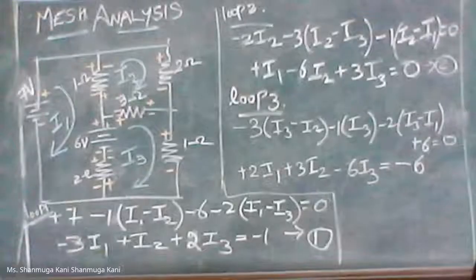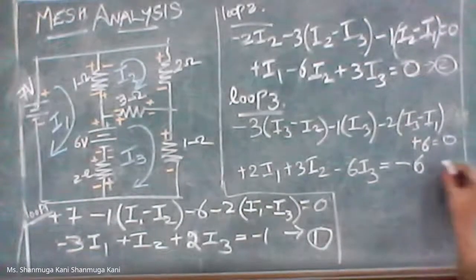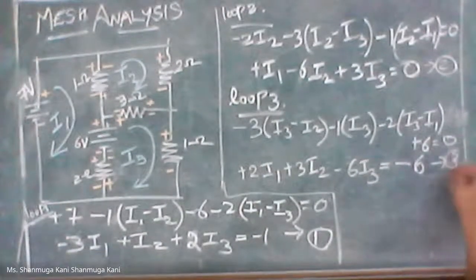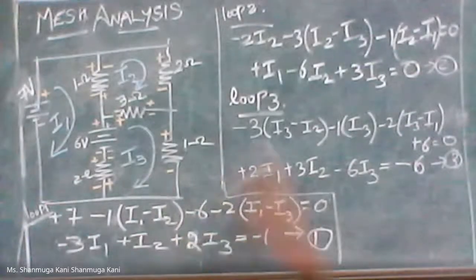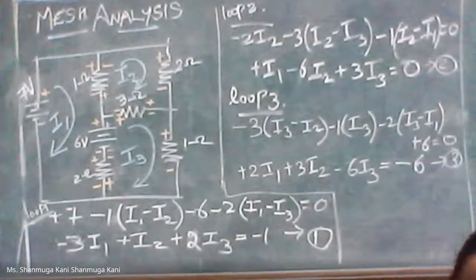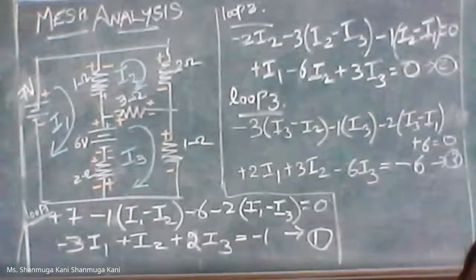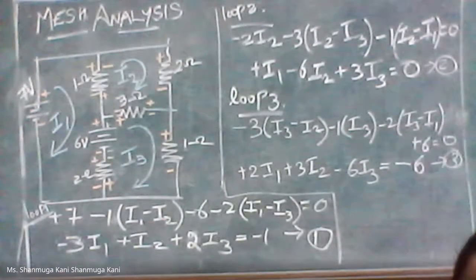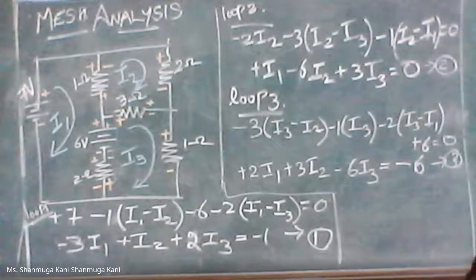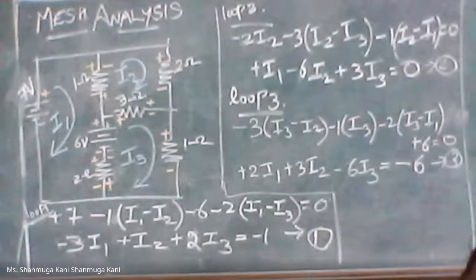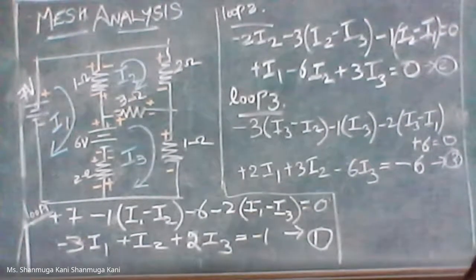Is it correct? So we have framed our 3 equations. If you write all these 3 equations correctly, then your remaining problem you can solve it easily. If you make any mistake in these 3 equations, then the whole problem will be wrong.